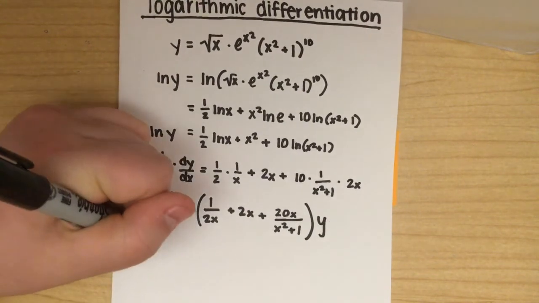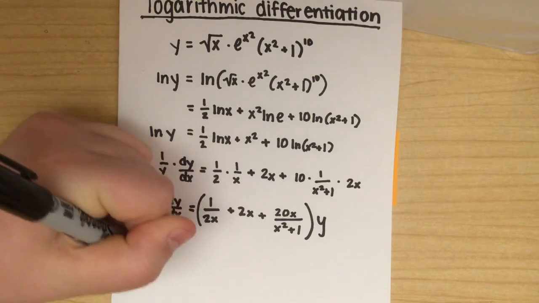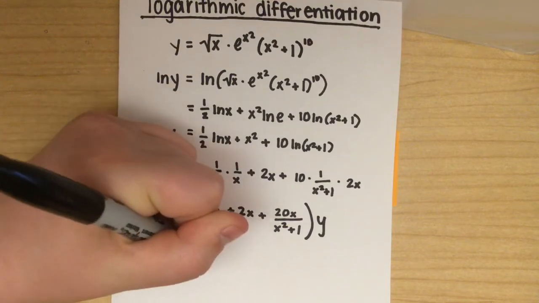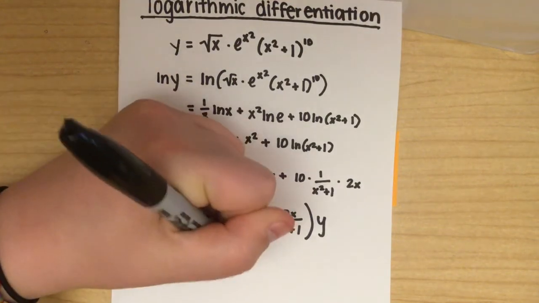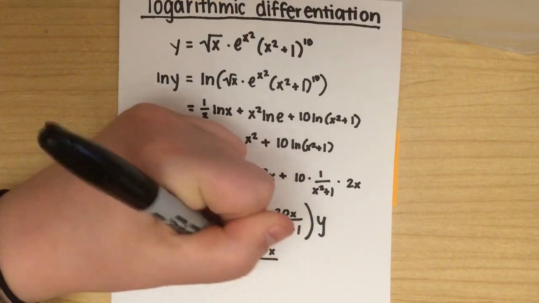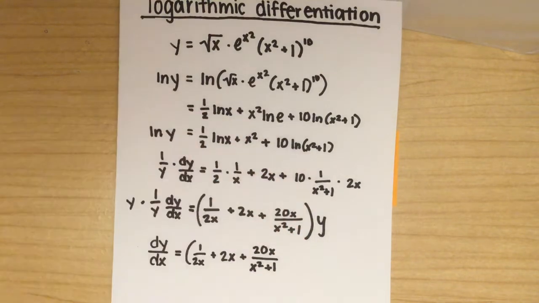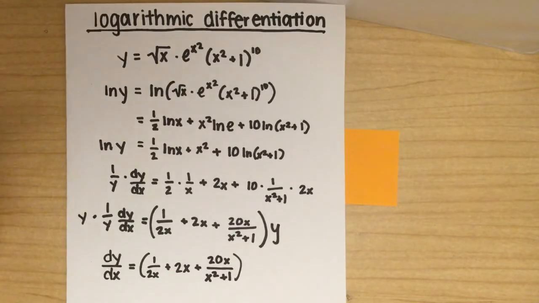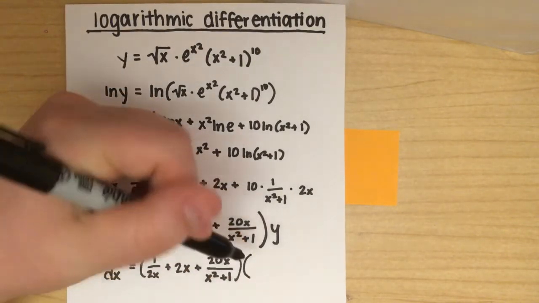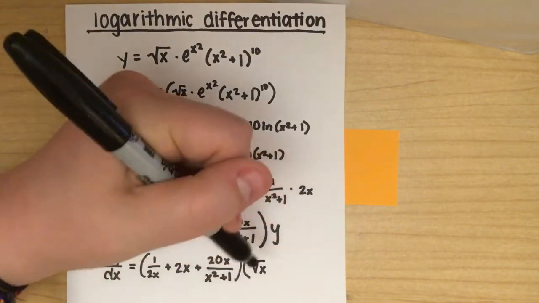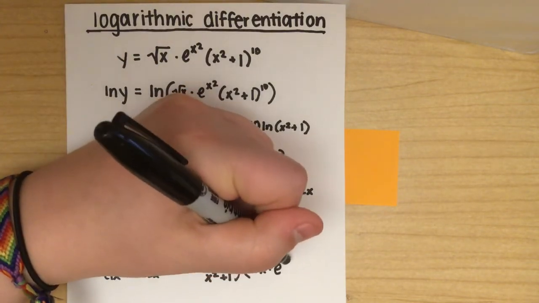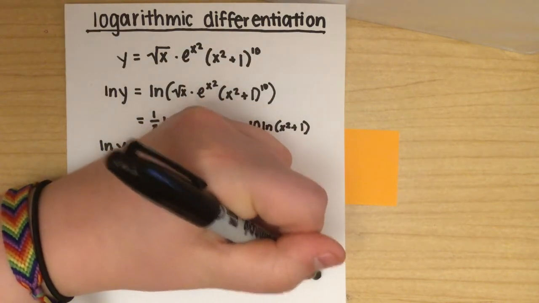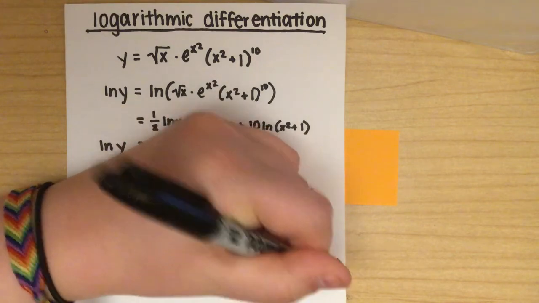So dy dx equals 1 over 2x plus 2x plus 20x over x squared plus 1, which is the same, and then it's multiplied by root x times e to the x squared times x squared plus 1 to the 10th.